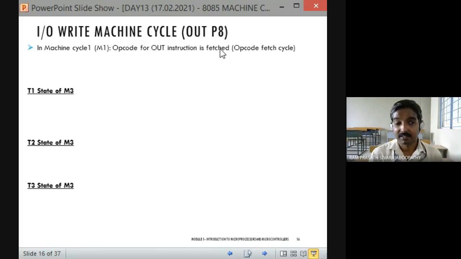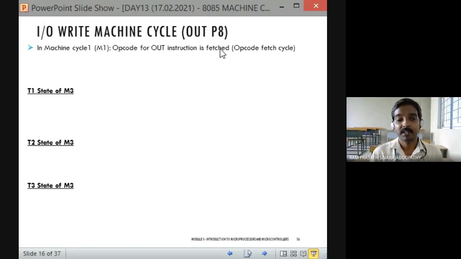It knows what operation it has to do to write the content from the accumulator to an output device, correct? Does it know the address of the device? Only the opcode has been fetched. Definitely not. To read the address available in the memory, what does it have to do? Any idea?